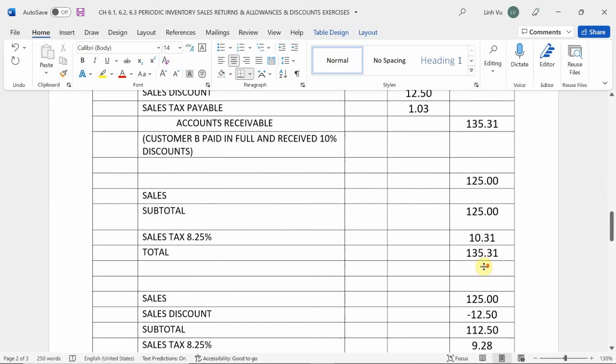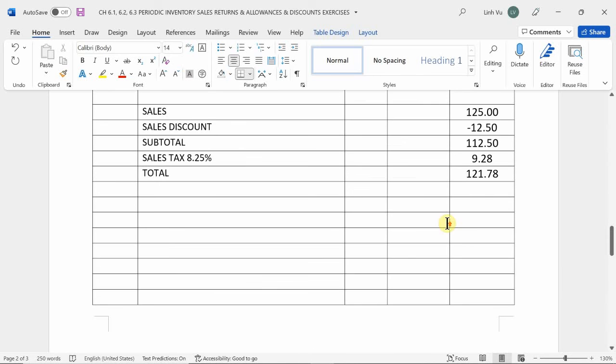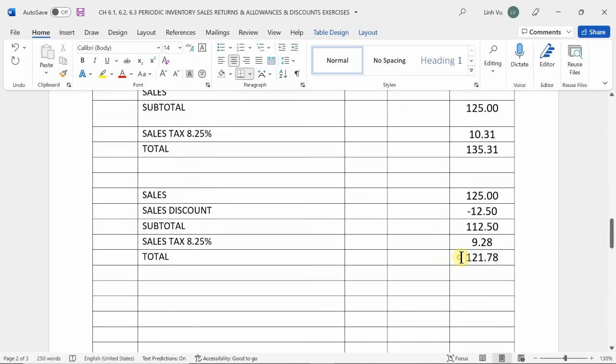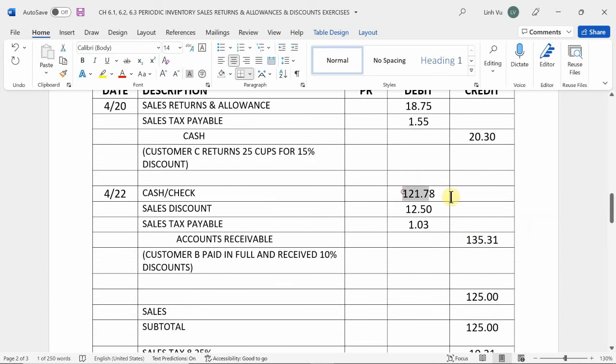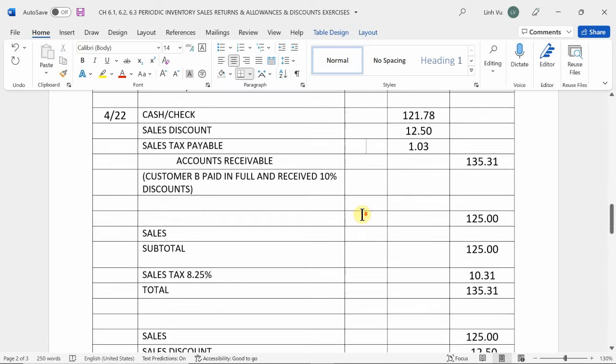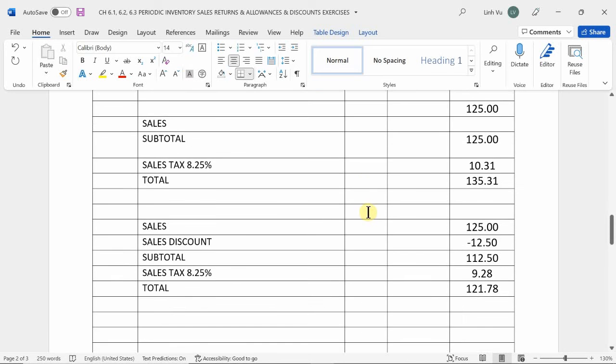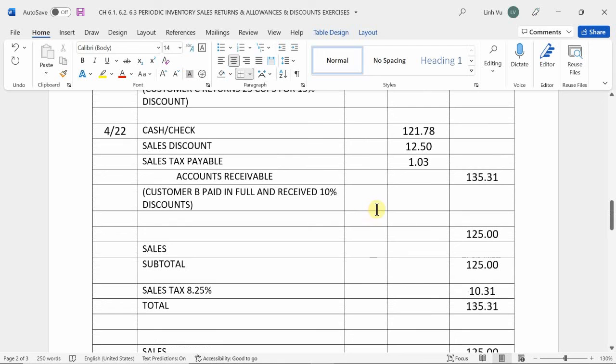And of course, the difference between this receipt and the second receipt is you're getting $121.78, which is correct. So this is taking two different receipts, comparing them against each other, and seeing what the discount does to the overall sales.